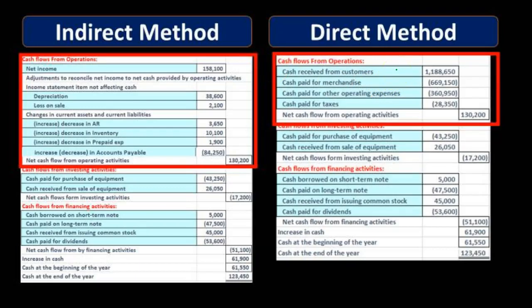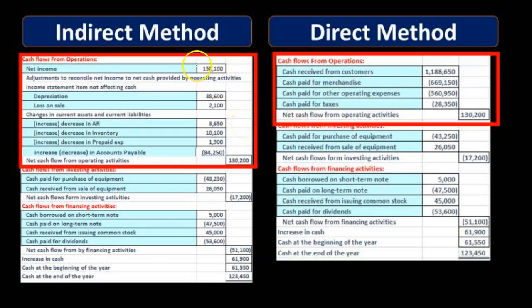We're going to take cash received from customers, cash paid for merchandise, cash paid for other operating expenses, cash paid for taxes. And you can see that these list out and line up in a similar fashion to what you might see on an income statement. This is the direct method, the method that may not be the most used. And even if we do use the direct method, oftentimes we're still required to have an indirect method calculation.